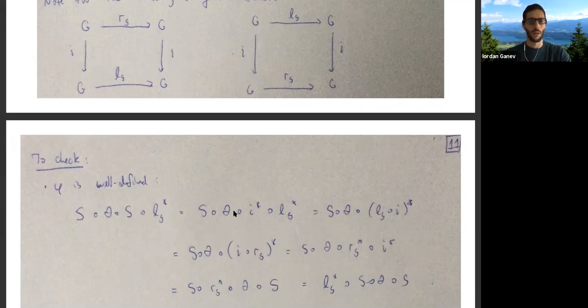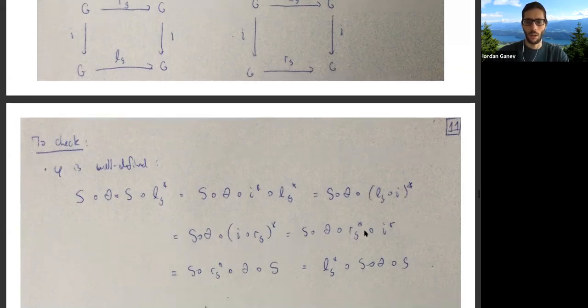So we write S as the pullback under I, and then we use the commutativity of these diagrams, the left one here, to turn the L into an R. So we use it in this equality. And then we do the pullbacks again, the functoriality of the pullback map.